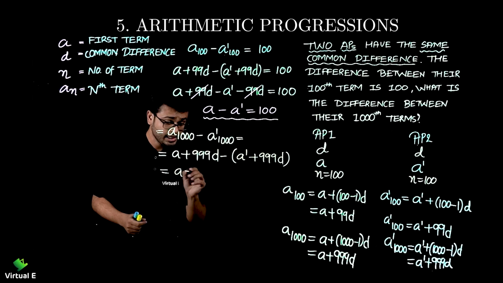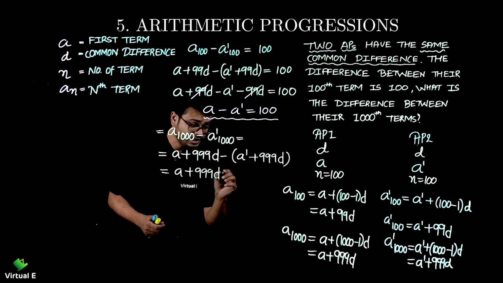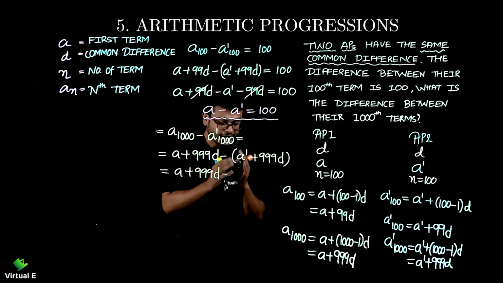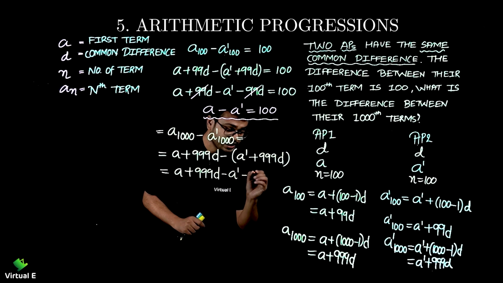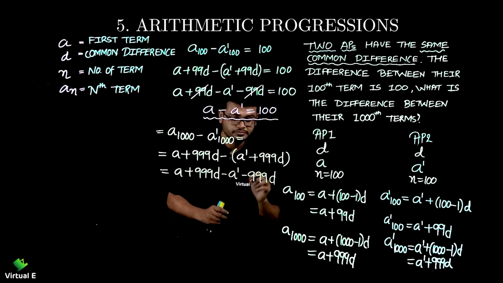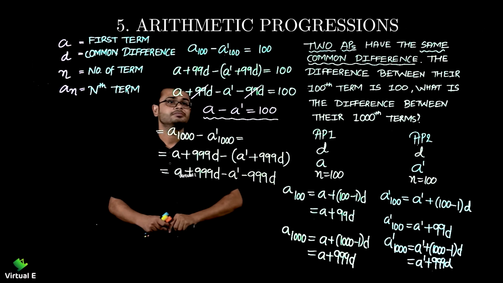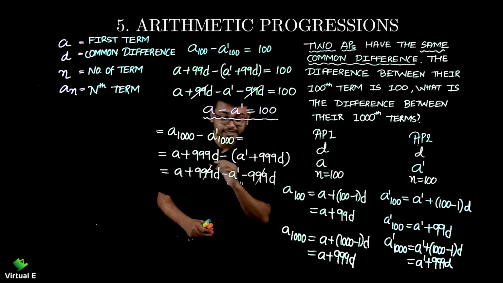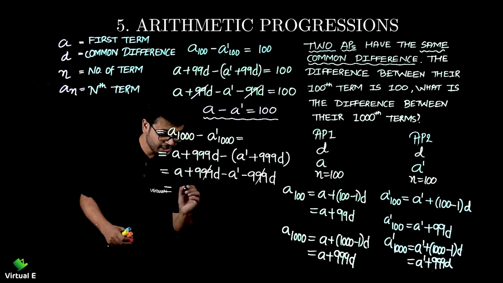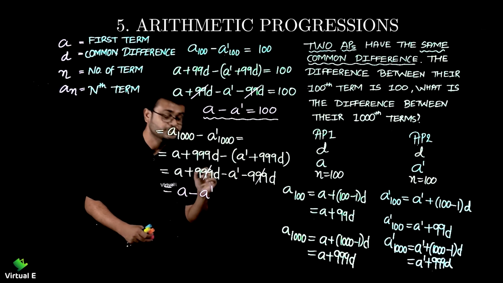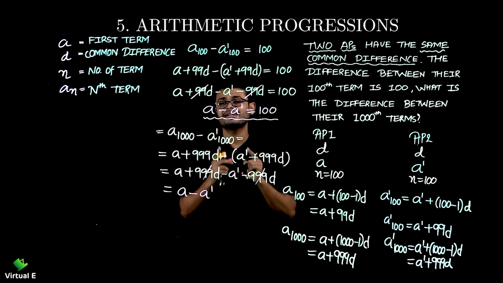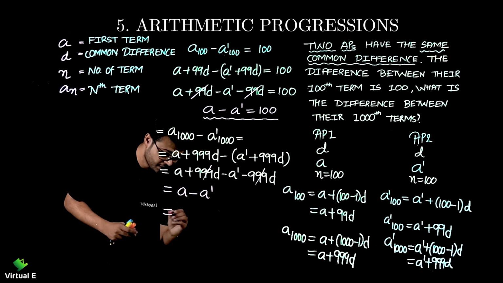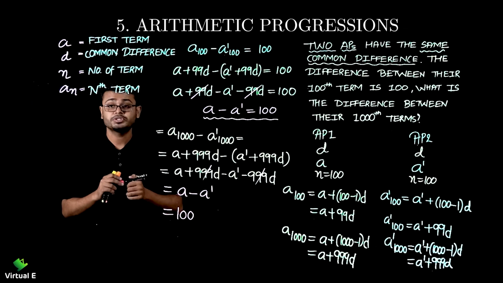That will be A plus 999D minus A dash and minus 999D, since signs change because there is a negative before the bracket. Think, we have done this already. This plus 999D and minus 999D will get cancelled. So what's left? Only A minus A dash. Now, do we know the value of A minus A dash? Yes, we found that relation, which is 100. So the answer again is 100.